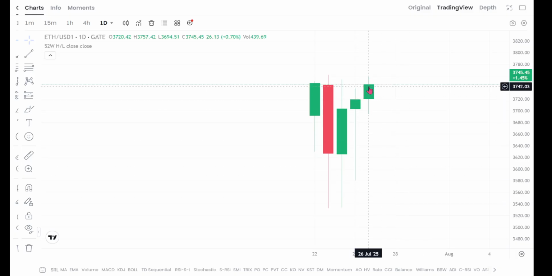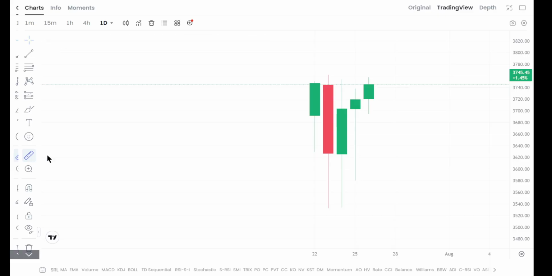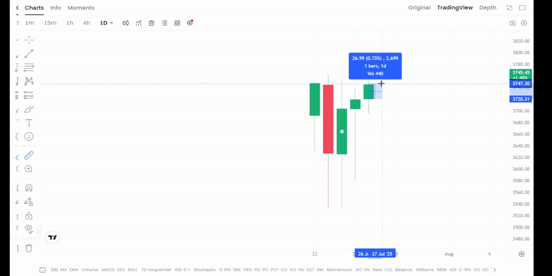Next, it is the 5th day, meaning 2 days. The market price of Ethereum was open at 3,720.96 USD1. The market price went up and was closed at 3,745.32 USD1. On that day, the market price of Ethereum increased by 25 USD1.